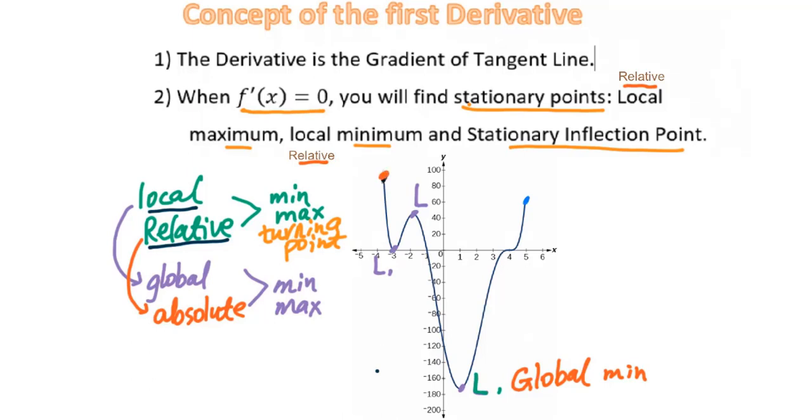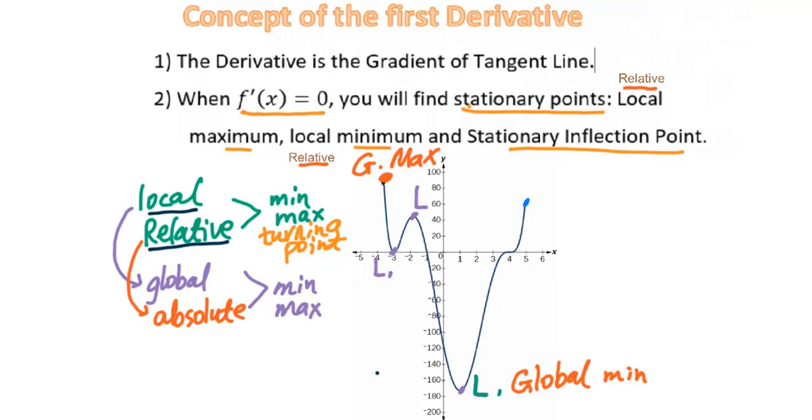It's here. This is the one we call a global maximum point. So basically, global or absolute maximum or minimum means the very highest point of your graph, or the very lowest point of your graph.